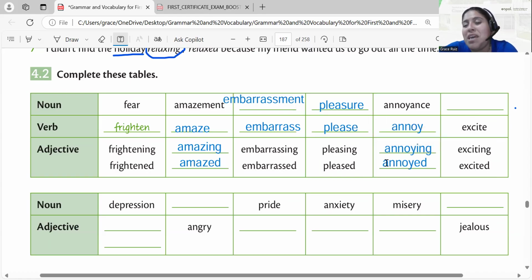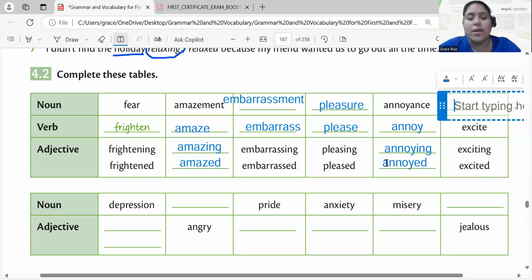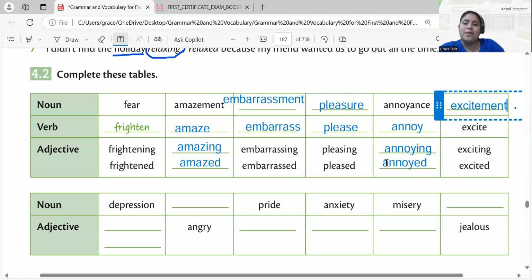So an annoying situation can make another person feel annoyed, but in order to describe the situation or the person, it will be annoying, yeah? Excite, exciting, excited. The noun will be excitement, yeah? So definitely keep that in mind.